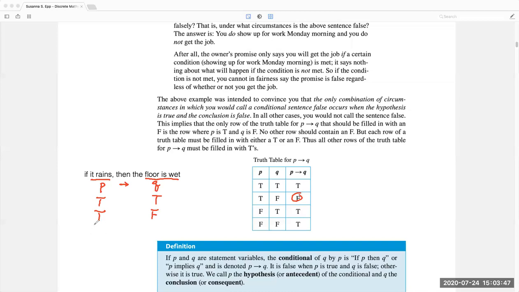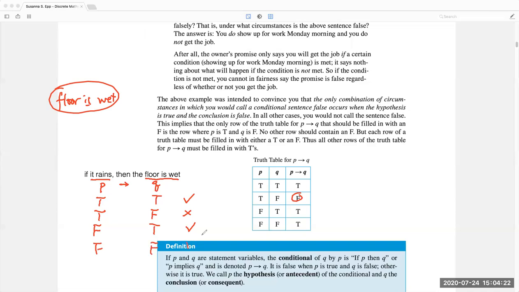But let's say if it does not rain, that means this statement is false. Then the floor is wet. This is still logically correct. Do you remember what is the explanation? Can you explain why this is still logically correct? Because the floor can be wet for other reasons too.